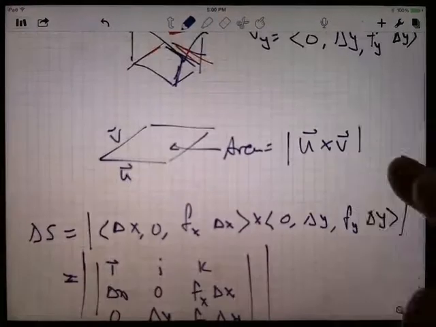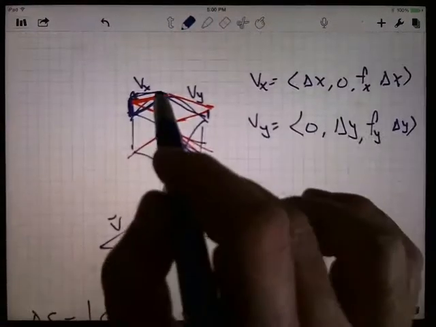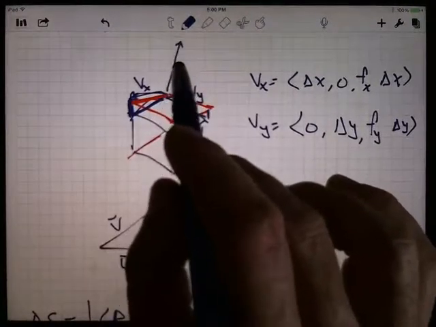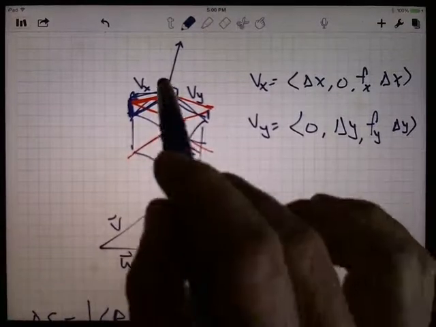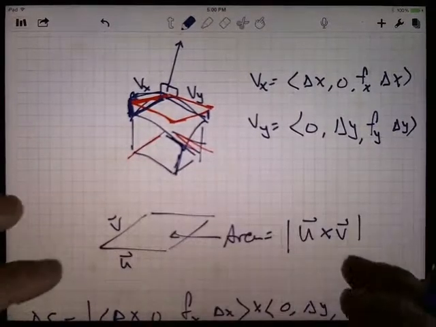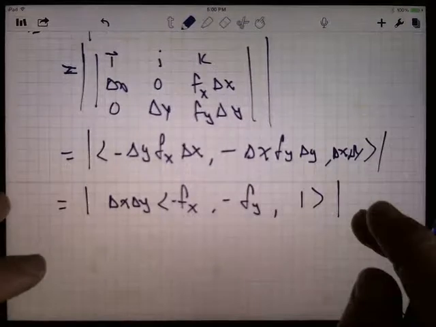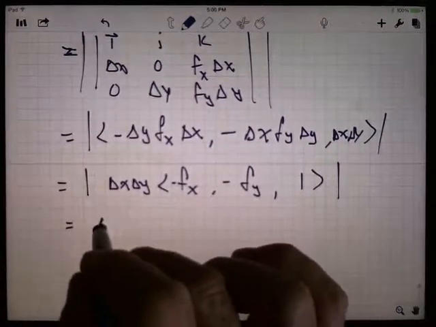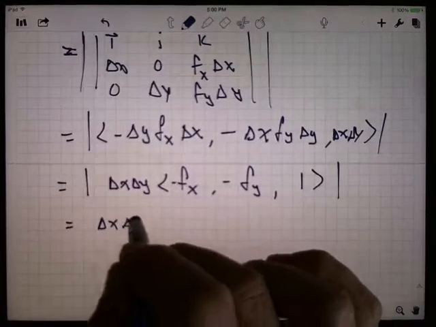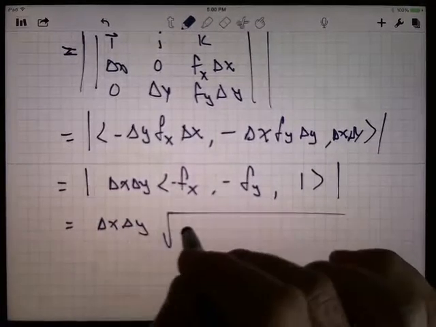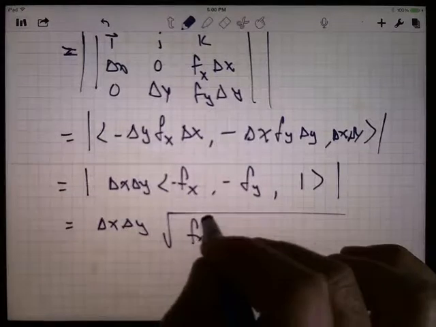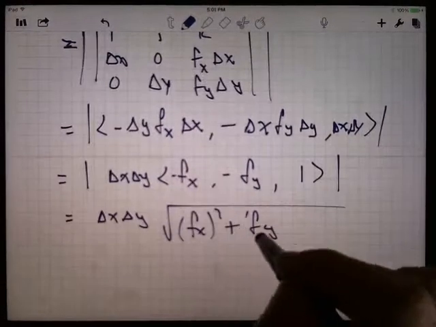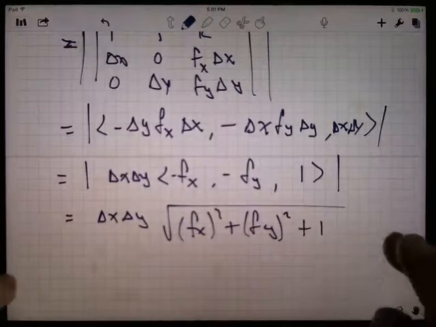Which it should be, because we're taking the cross product of two tangent vectors, and so that other one should be perpendicular to both of those, and the length of that is the area of that parallelogram. So here we go. This is delta x delta y times the square root of fx squared plus fy squared plus 1.